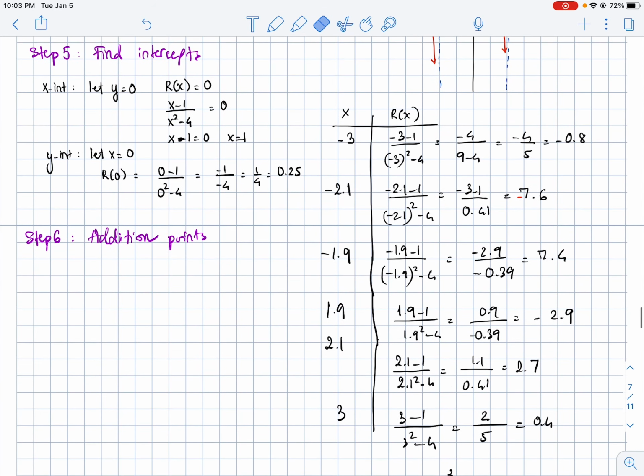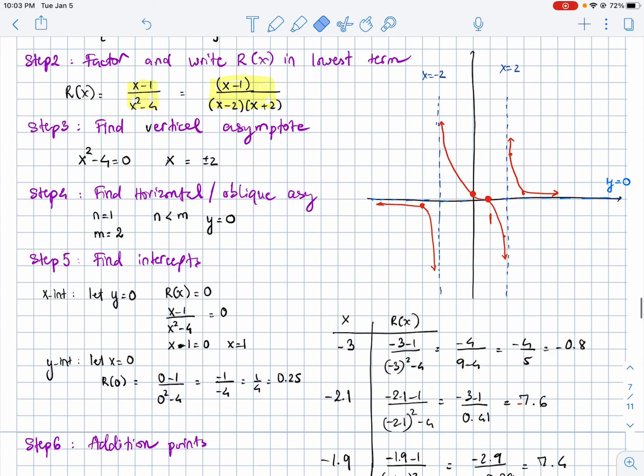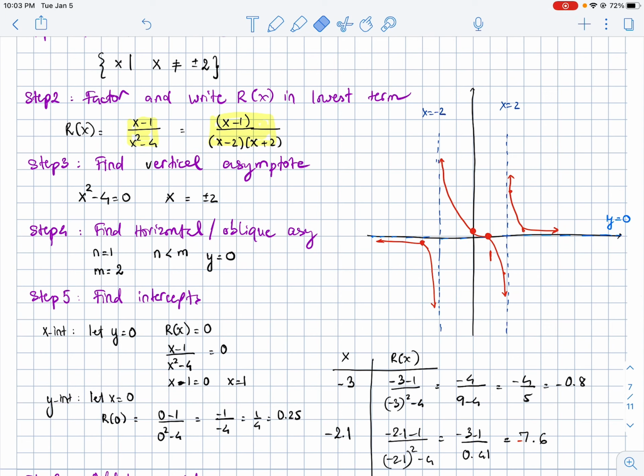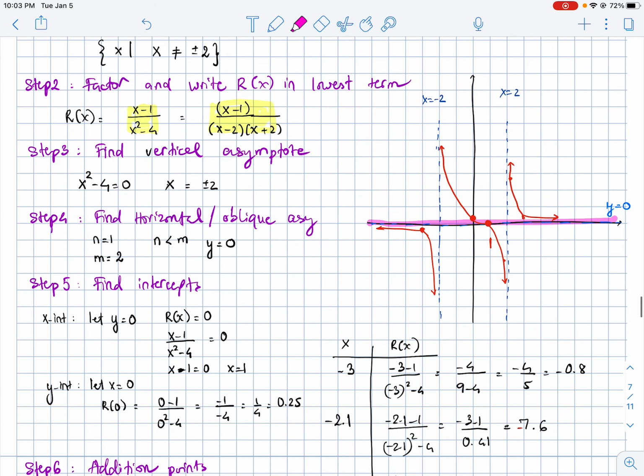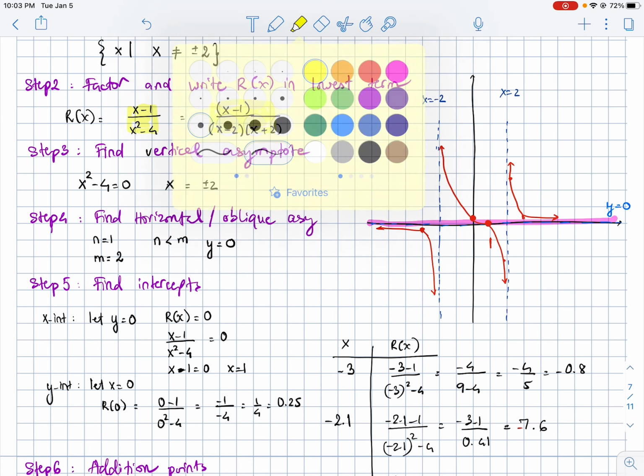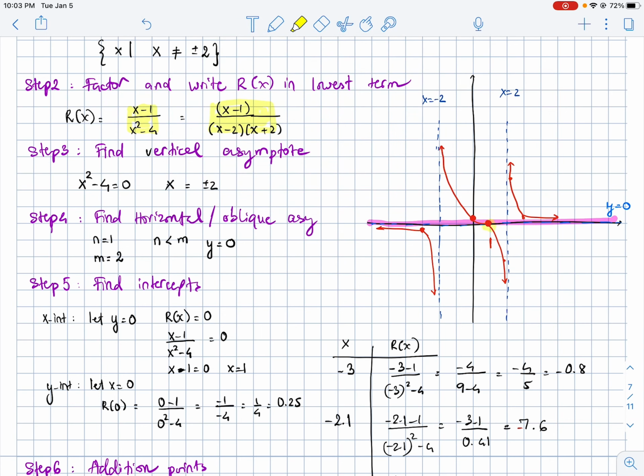And example number 1, we have the horizontal asymptote, and that line is y equals 0, the pink line right here. Okay, and you see that look at this point, the yellow point, 1 right here.